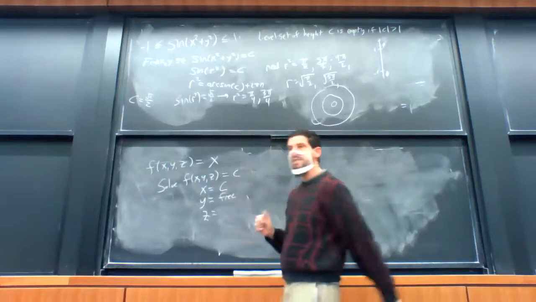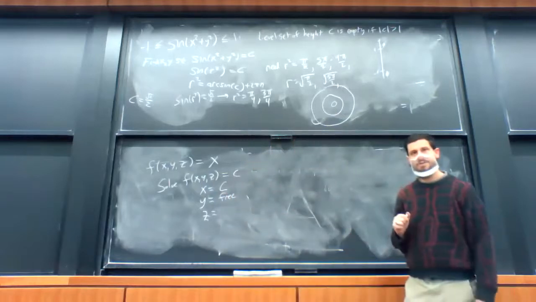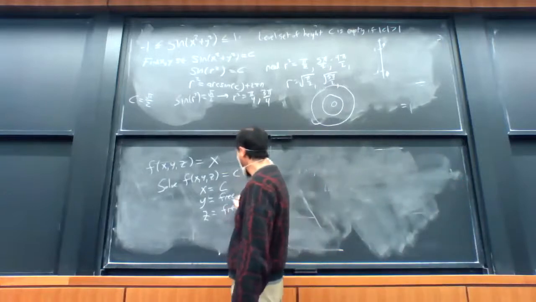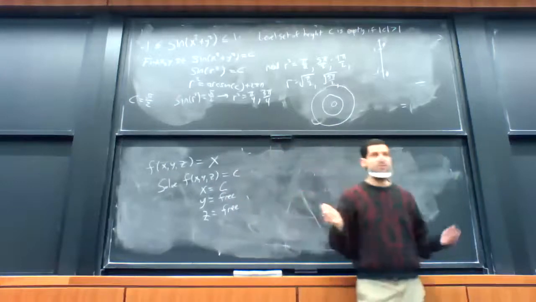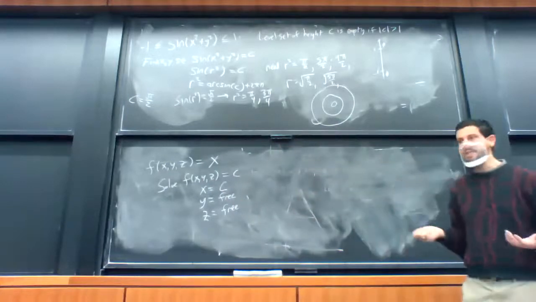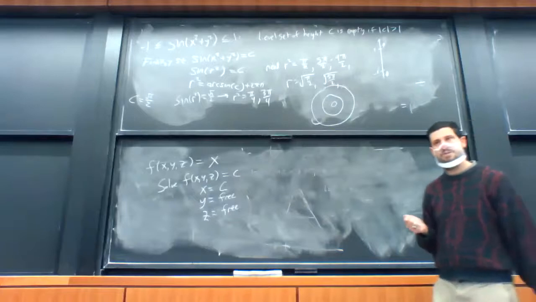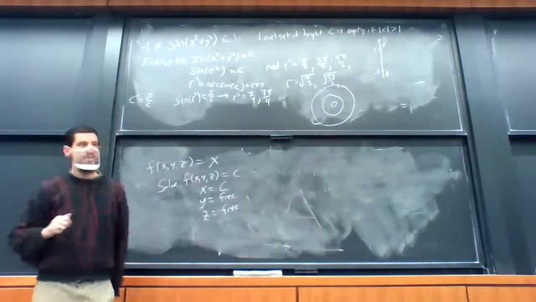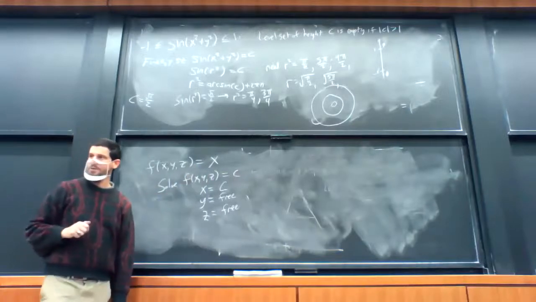What about z? Any restrictions on z? No. So the level set of height c is just going to be all points x, y, and z such that x equals c. If you want c to be 5, it's just x equals 5. If you want c equals 9, it's x equals 9.